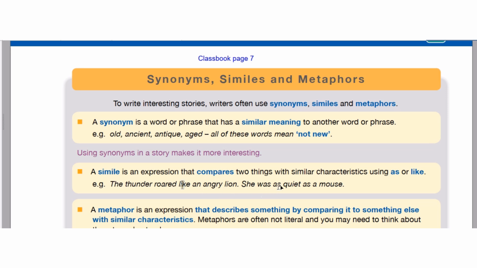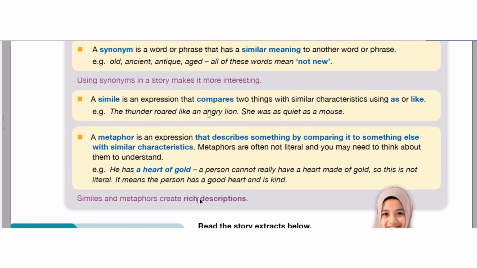Or: she was as quiet as a mouse. As is used here. This is a simile. The thunder and the lion are equal in anger.